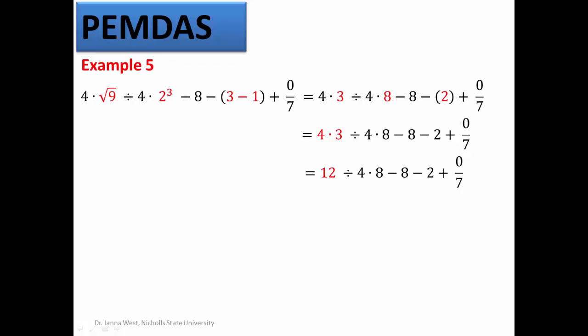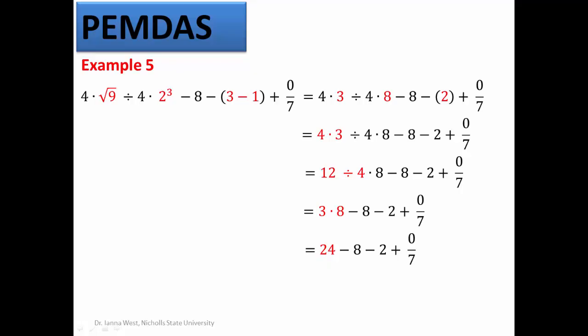Again, performing the operations of multiplication and division from left to right, the division will come first. Therefore, we will divide 12 by 4, giving us 3. The next step would be to multiply 3 times 8, giving us 24.